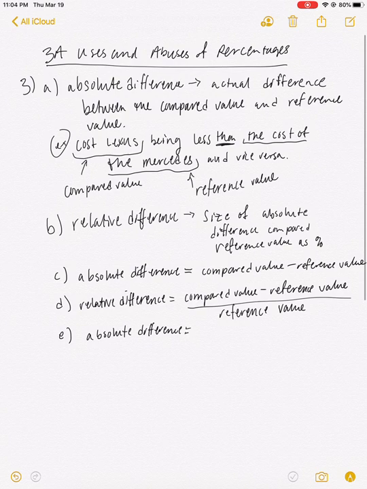Okay, so we have our absolute difference we're going to calculate first. That's equal to 71,414 and subtract off 55,583.